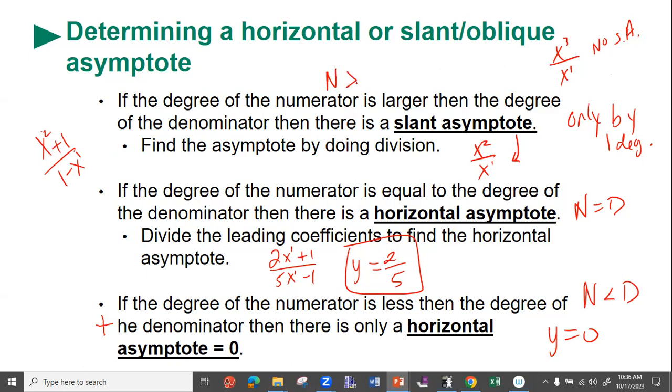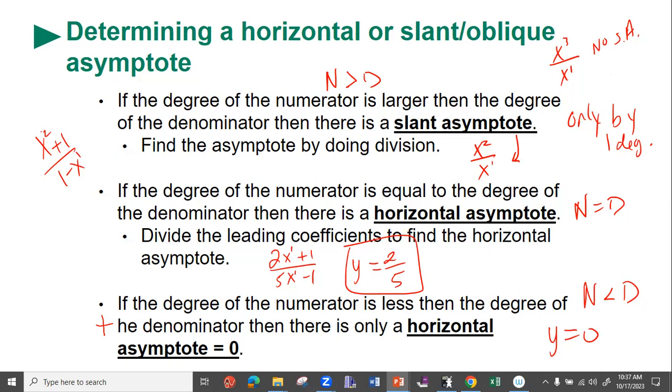Okay, to recap: n greater than d, only by 1 degree, slant asymptote. n equals d, then all you're using is your leading coefficients. And if n is less than d, then it's always going to be a horizontal asymptote at y equals 0.